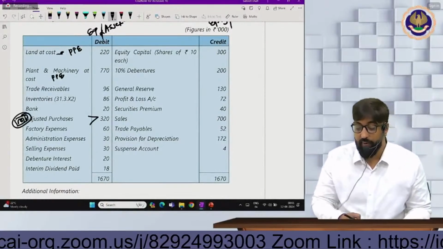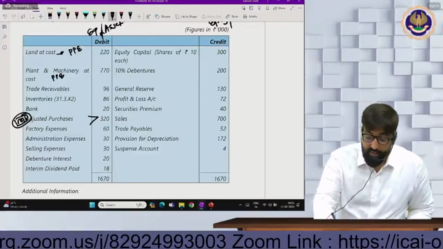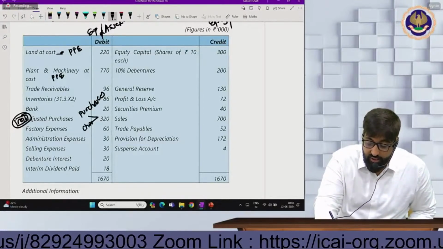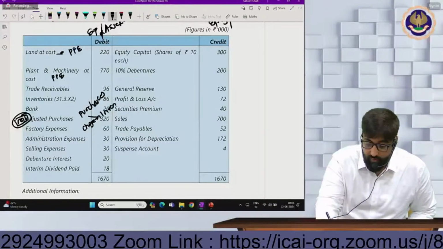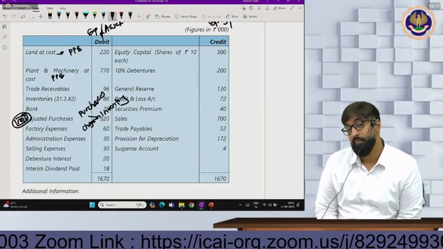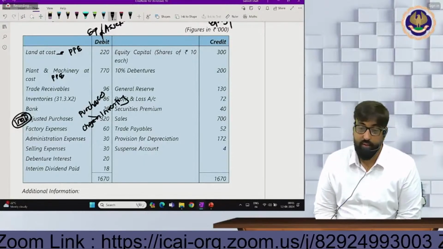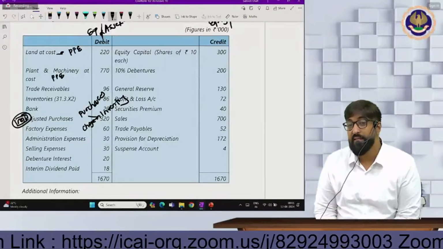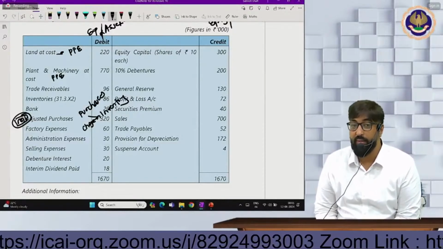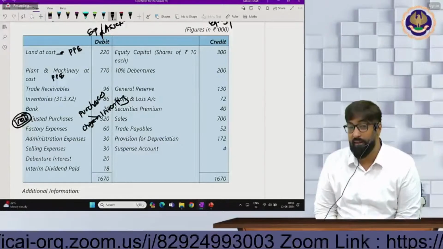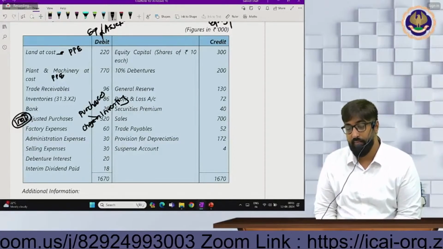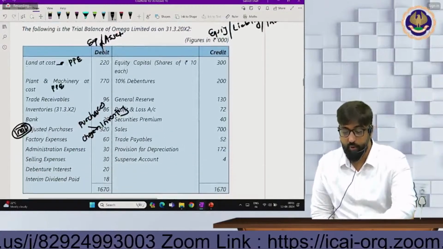One is purchases and second one is changes in inventory. Correct? Say yes or no. Yes. Nidhi, very good. So purchases and changes in inventory, we have to bifurcate this. So everyone, please write down IMP over there. Write IMP on adjusted purchases. Open your study material, page number 11.25.